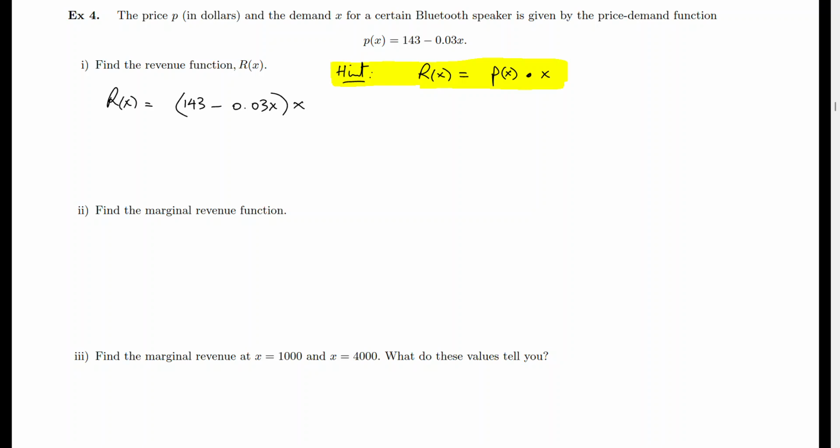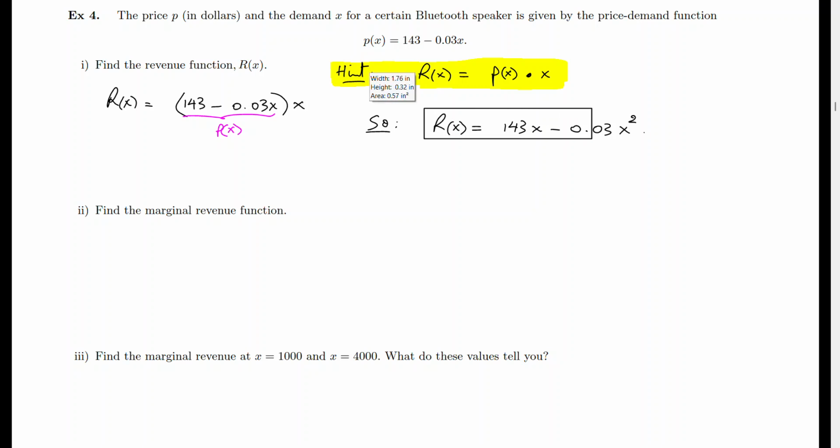This initial part represents the price demand equation, and this x is the number of items we're trying to sell. So the revenue equation is 143x minus 0.03, x times x becomes x squared. So that is the revenue equation, which is great.